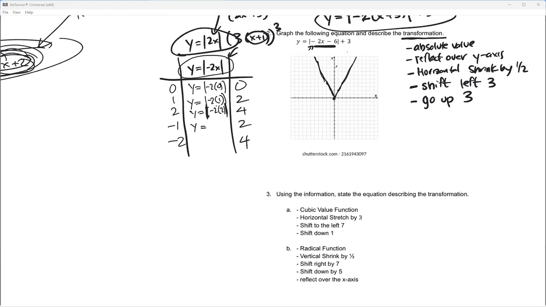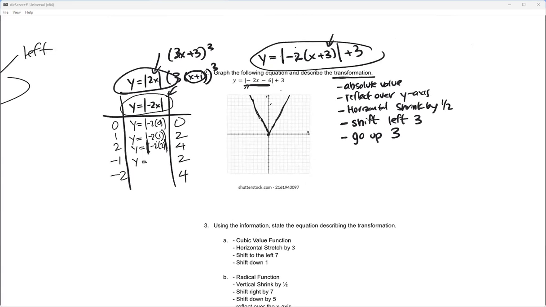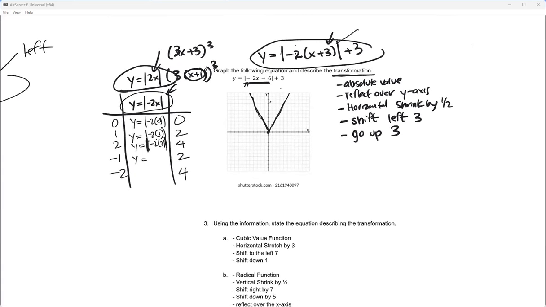And then what happens here? Now look at this transformation. I'm taking this. What's this plus 3 mean? Shift what? Left 3 and then up 3. Okay, so I'm gonna go left 3, 1, 2, 3, and up 3, 1, 2, 3. I think like something like this.